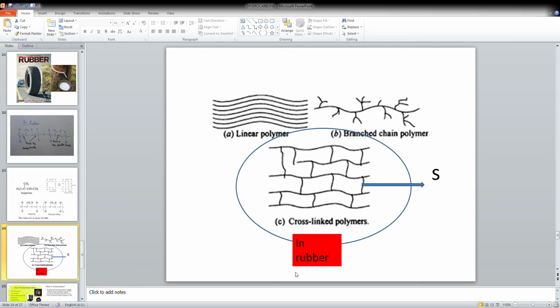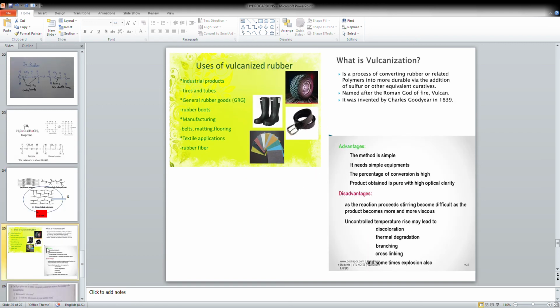You already learned that part under rubber. In rubber vulcanization, we use sulfur between these cross-links. Already you studied that, right? That's why, you remember, in vulcanized rubber you can see cross-linked polymers. So when you classify the polymers, rubber, vulcanized rubber, you put it into the cross-linked polymers, right?